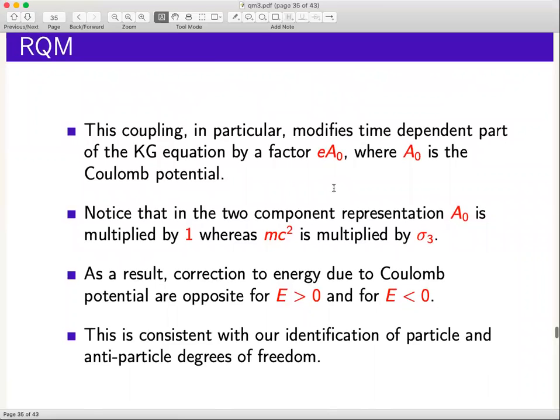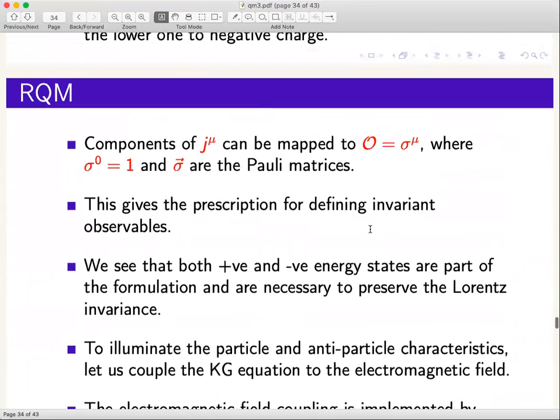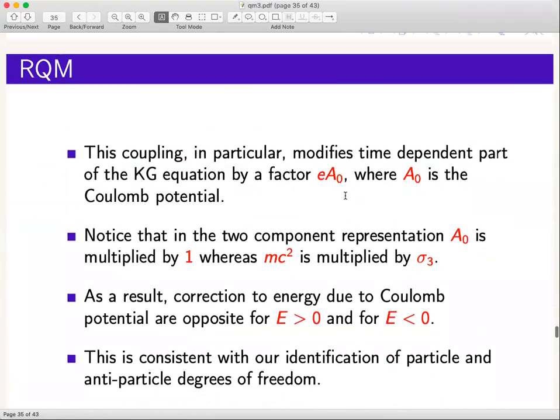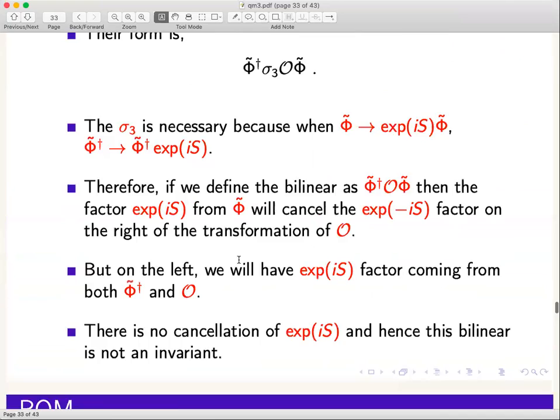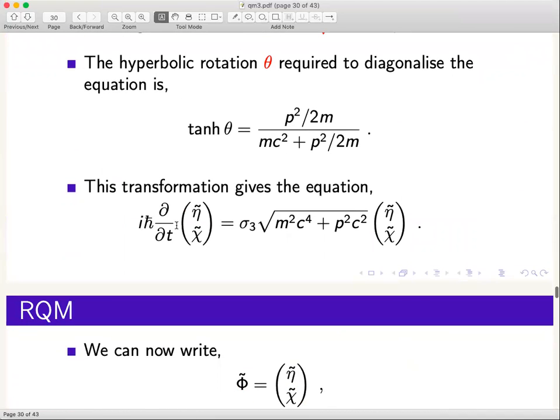Now notice one important thing in the two component representation of A0. Maybe I just step back, the operators that one is trying to use are something like this. You have a sigma 0 to be identity and sigma to be the Pauli matrices. So A0, or you could even go back to the original equation also, doesn't have any matrix multiplying it. So when you replace i h bar del t by i h bar del t minus e times A0, e times A0 has an identity matrix sitting with it.